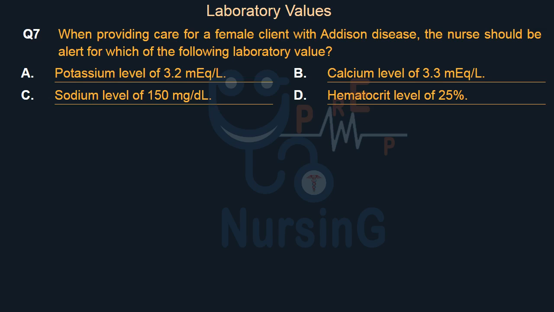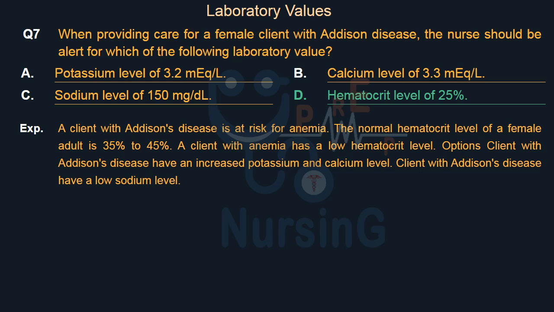Right answer is Option D, hematocrit level of 25%. A client with Addison's disease is at risk for anemia. The normal hematocrit level of a female adult is 35% to 45%. A client with anemia has a low hematocrit level. Other options: clients with Addison's disease have increased potassium and calcium levels, and a low sodium level.